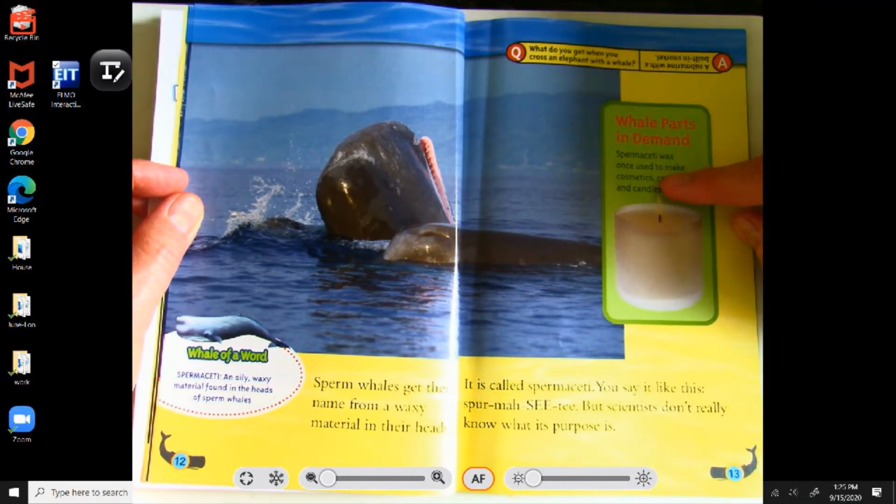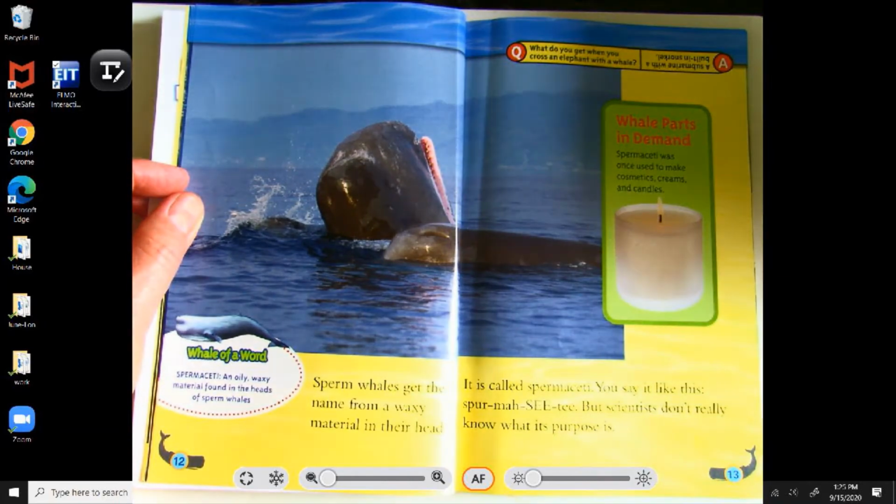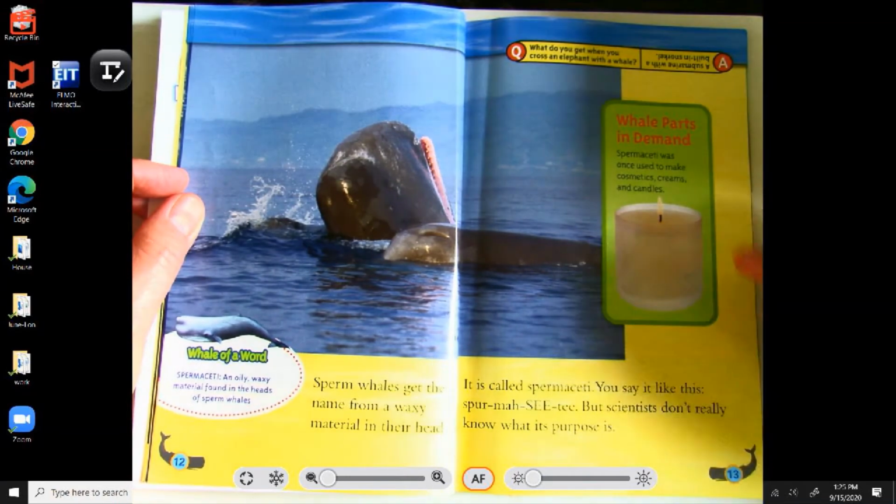So cosmetics, scholars, is makeup. So think about creams or makeups that people in your family might put on their faces or on their bodies. Imagine it has, or it used to have, this waxy, oily material from a whale's head in it.